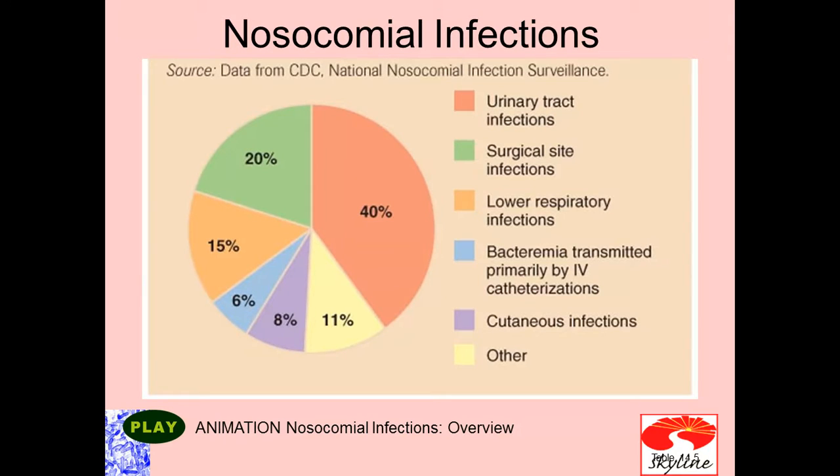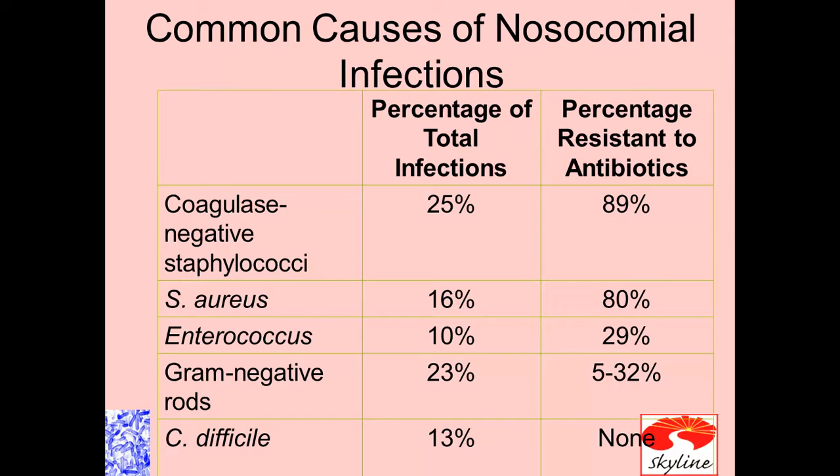Skin infections at 8%, and other, not so major types of infections, at 11%. Right, so these are common microbes that we can see causing nosocomial infections.